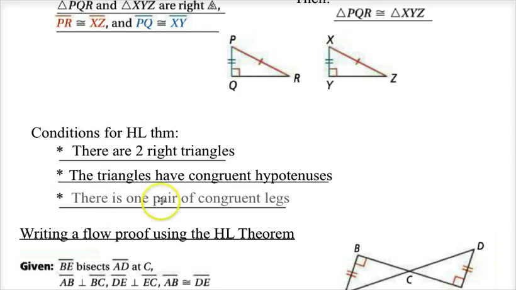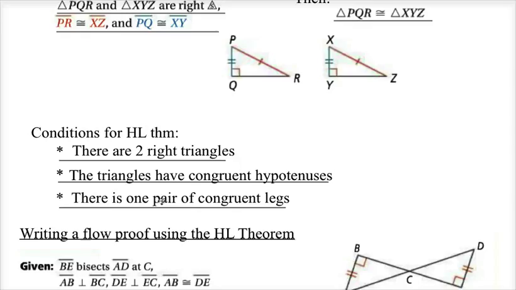And the last thing, there's one pair of congruent legs. It doesn't matter which one, but there's one pair of congruent legs. Okay, so those are the three conditions that I need for the hypotenuse leg theorem. Two right triangles. The triangles have to have congruent hypotenuses. And then there's going to be one pair of congruent legs. So it's a hypotenuse and a leg, and that only works for right triangles, of course.